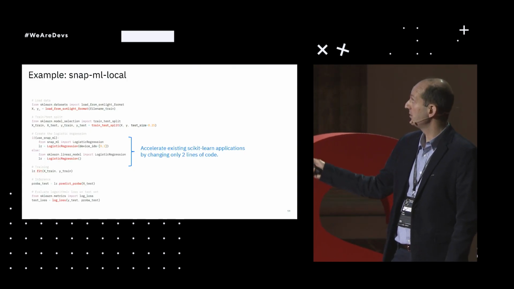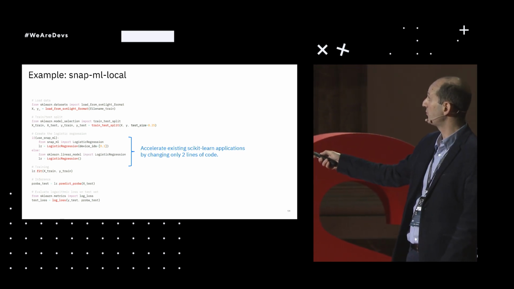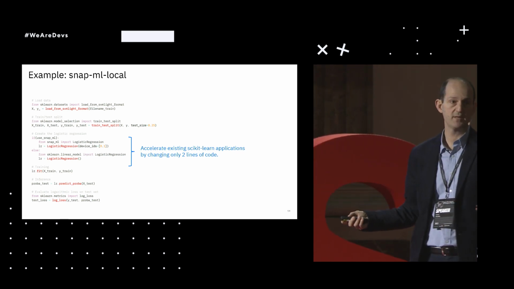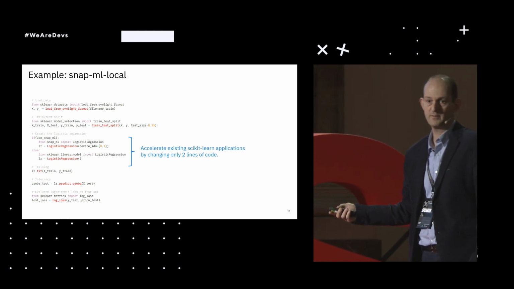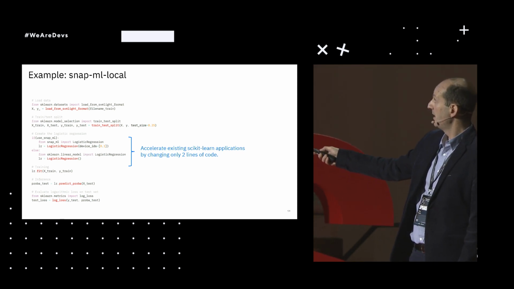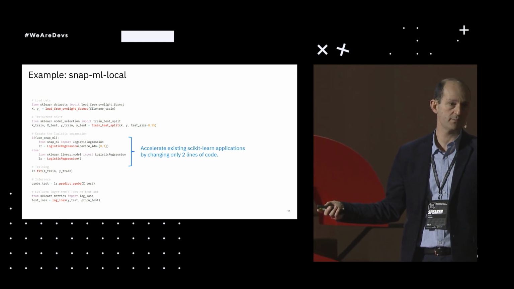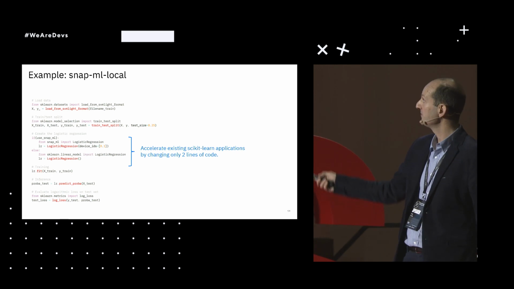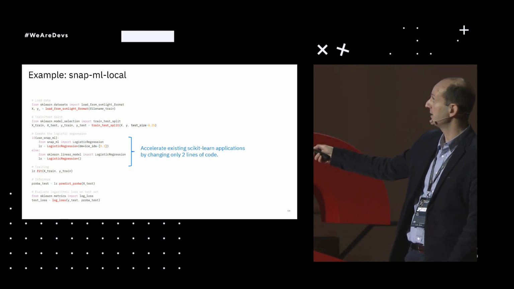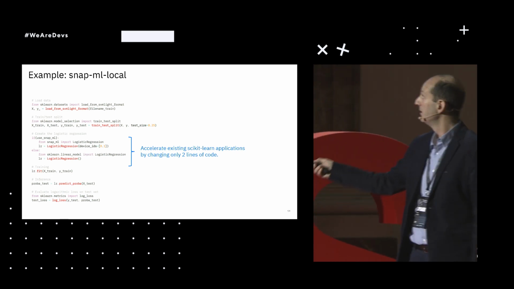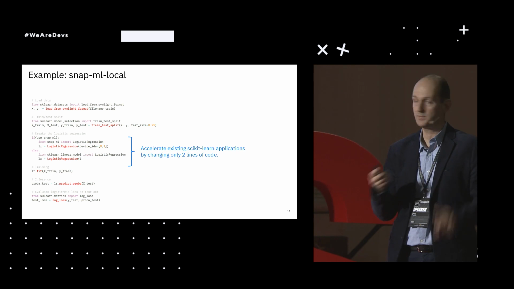So this is an example of the local API. This is a snippet of code. For people that are familiar with scikit-learn, I hope that some people here are familiar with scikit-learn, Python. Here we show an example of how to do logistic regression in SnapML versus scikit-learn. The top two lines are basically loading the data set and also splitting it into a train and test split.